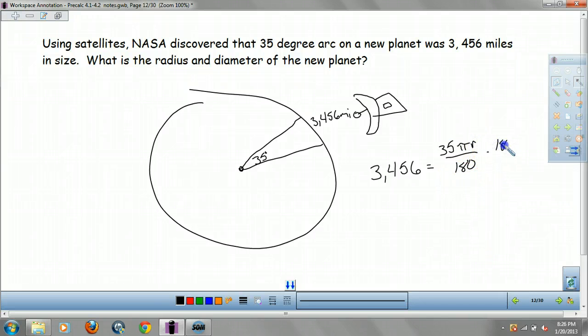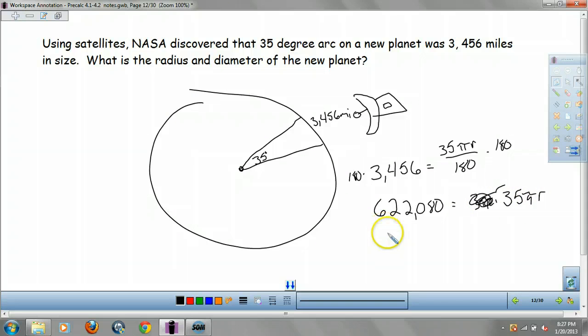Multiply both sides by 180, and you get 5,482,080 equals 35 pi r. Now we're going to divide both sides by 35 pi. Remember, pi is just a number, guys, not something delicious we eat.